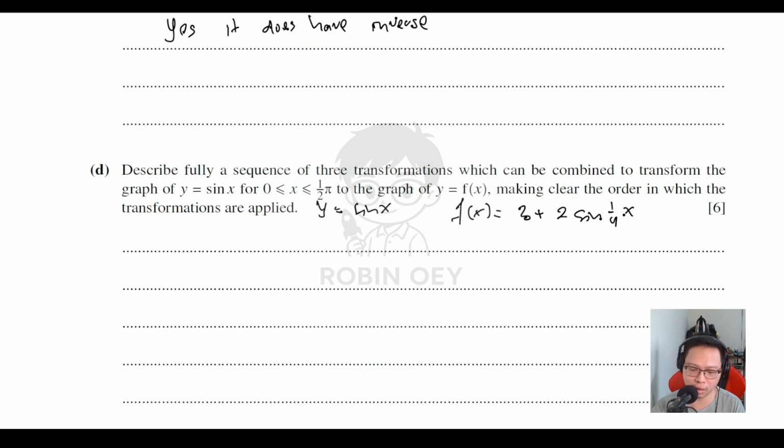If we see here, first of all, I can see we have a stretch in x. The first one would be stretch x with a factor of 4. Remember, for stretch x you have to flip, since it is stated here as 1 over 4x.